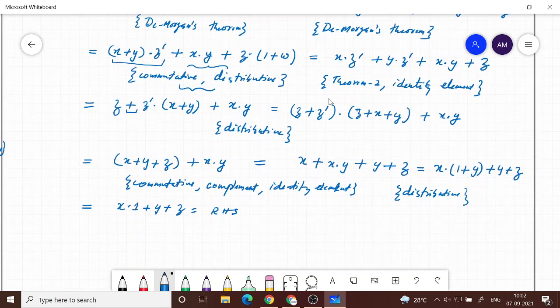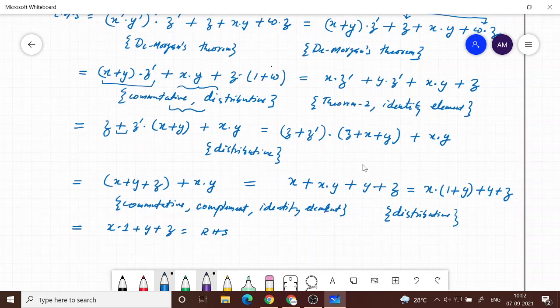I should not have done, for example, this step. Where was it? Yeah. So this step was really not necessary because I had to reverse that step here. I had to come back to this.